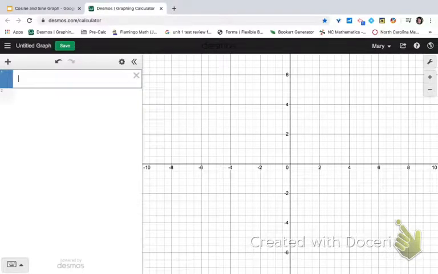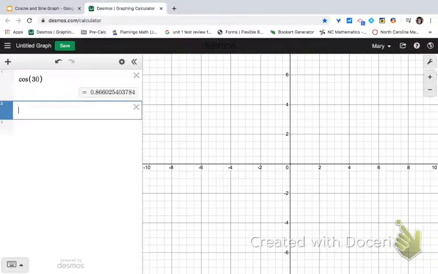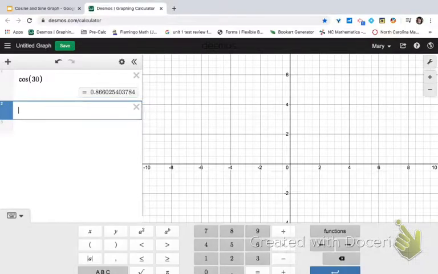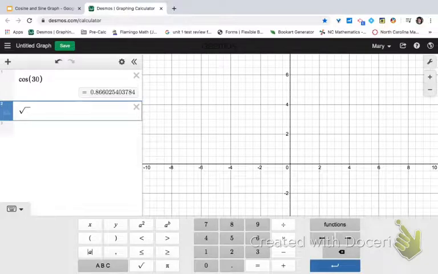We're just going to take a look real quick at what we discussed before: that cosine of 30 degrees was equal to this number. We had said before it was actually the square root of 3 over 2.